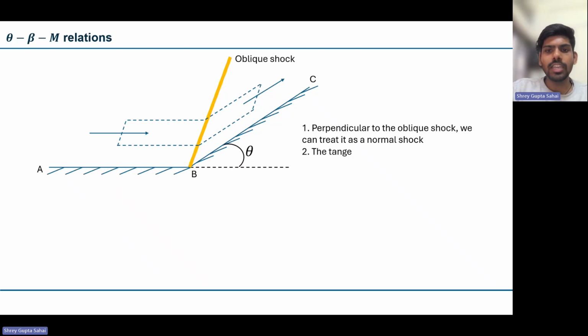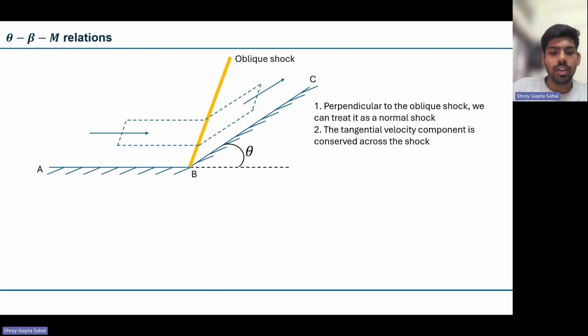The tangential velocity, meaning the velocity component in the direction of the oblique shock, is conserved across the shock. One more important thing is that the shock angle is something that we will call beta. So let me just write that down.